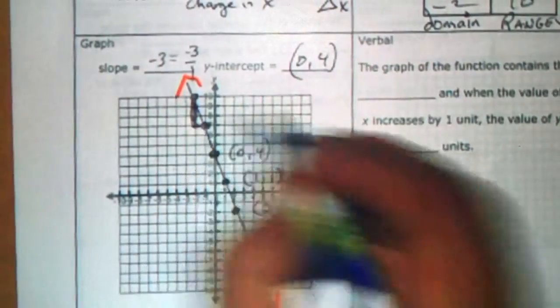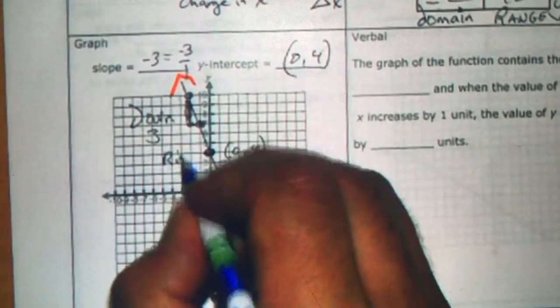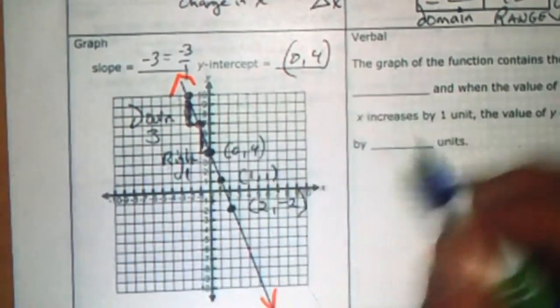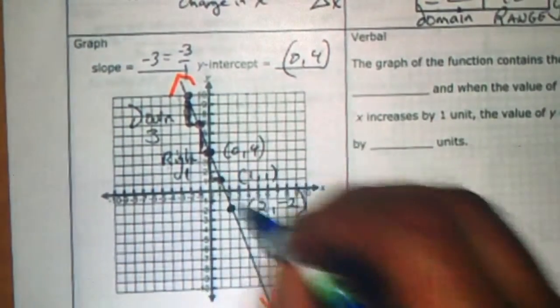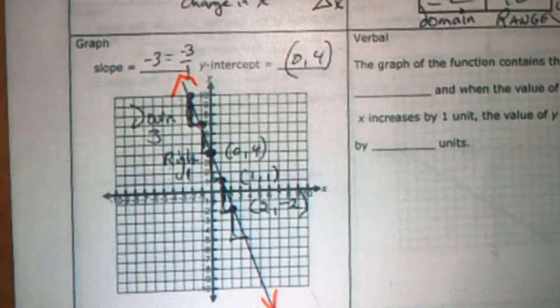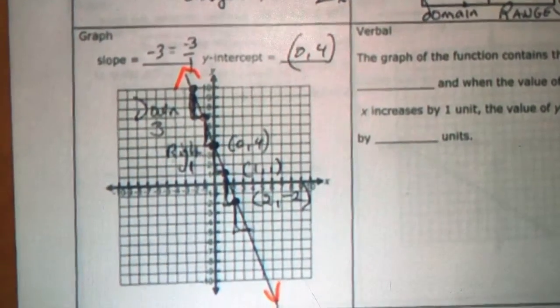Down 3, over 1. Every time we go down, we're going to create a little staircase going down that shows the slope. And we can continue this all the way down, and we're going to get more points. Down 3, right 1. That's how the slope works.